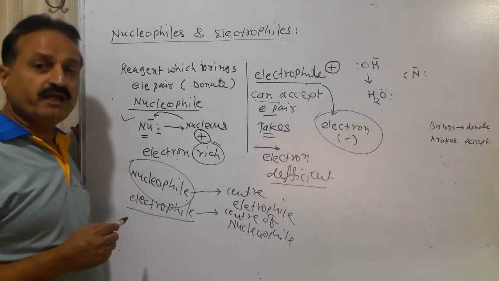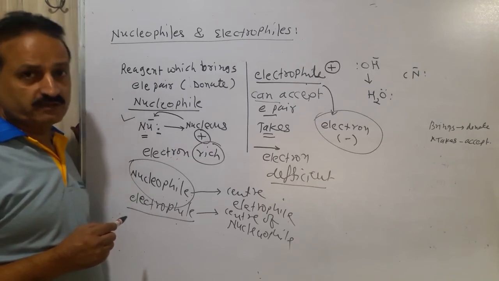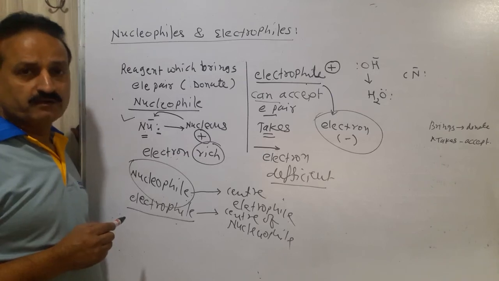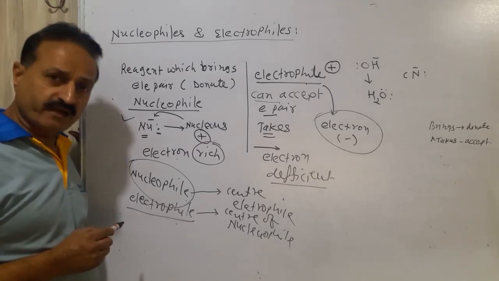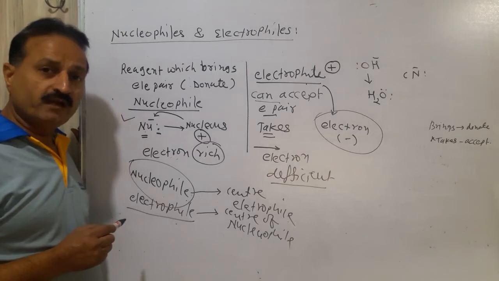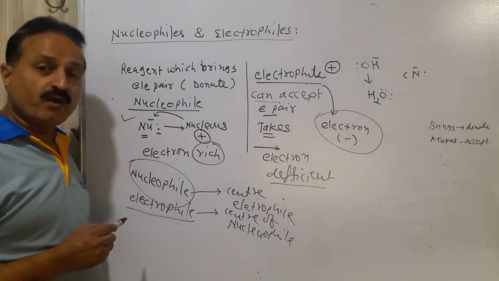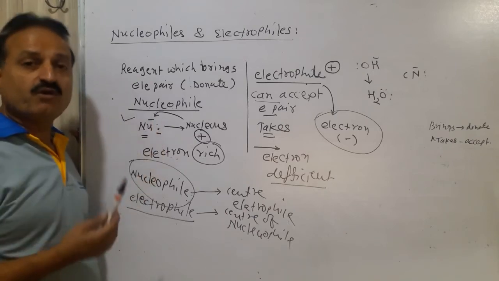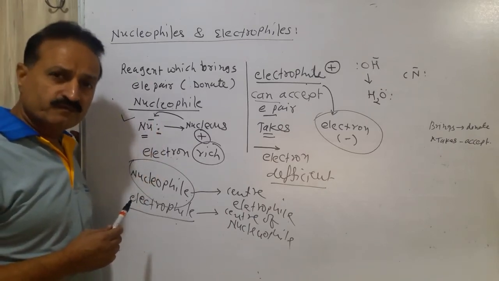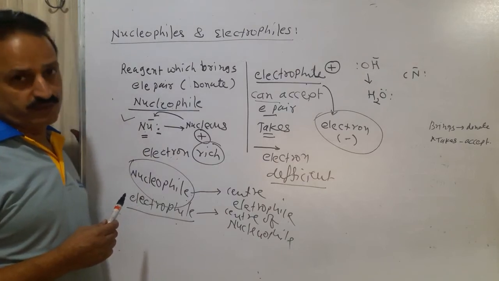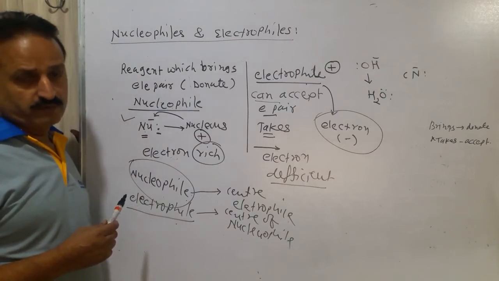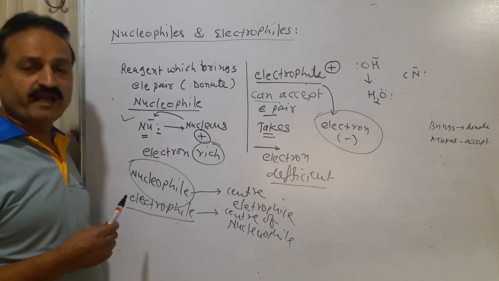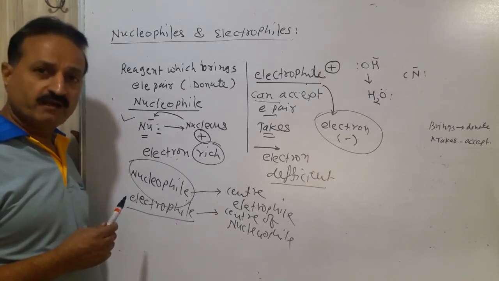Nucleophile is electron rich reagent. It can donate electron pair, so it is always negative, and electrophile is electron deficient reagent, so it always requires electron pair, so it is always positive. Hydroxide ion and cyanide ion are negative ions, so they are nucleophiles.